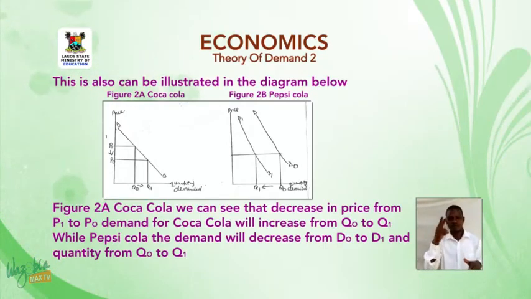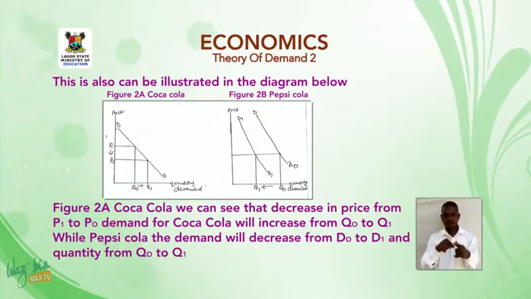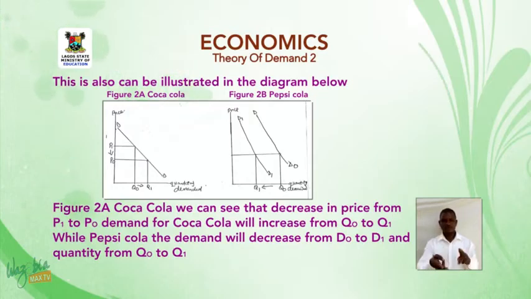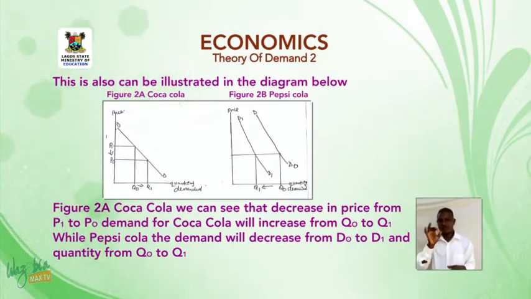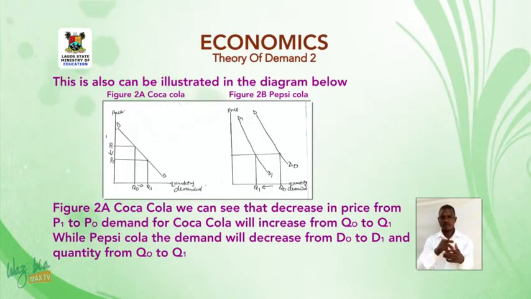Figure 2A, Coca-Cola. We can see that the decrease in price from P1 to P0 increases demand for Coca-Cola from Q0 to Q1, while for Pepsi-Cola, the demand will decrease from D0 to D1 and quantity from Q0 to Q1.